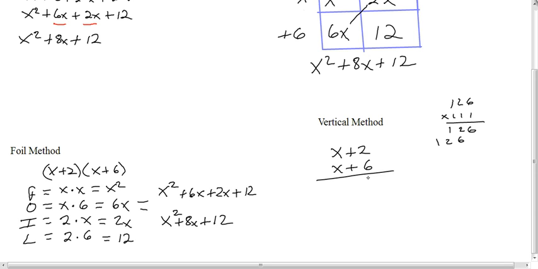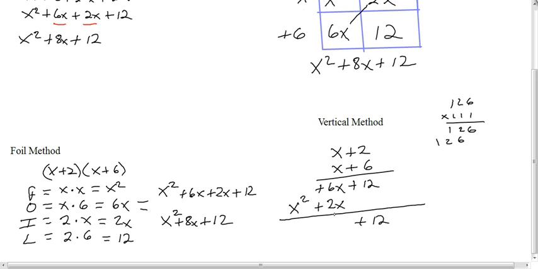So here we have 6 times 2, that's going to give us a plus 12. 6 times x will give us a plus 6x. x times 2, that's going to come right here, guys. x times 2 will give us a plus 2x, and x times x will give us x to the 1 plus 1, or second power, and you add from either direction.